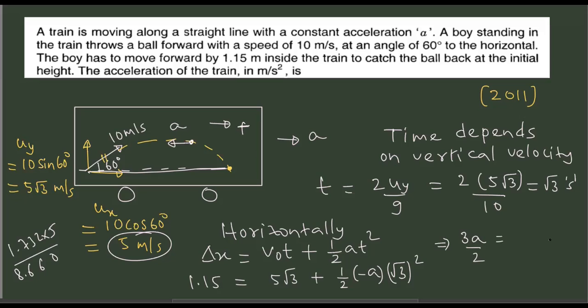So that would be 7.51. Maybe I can just take 7.5. So a would be roughly how much? This is like 2.5. So I think a roughly would be 5 meter per second square.